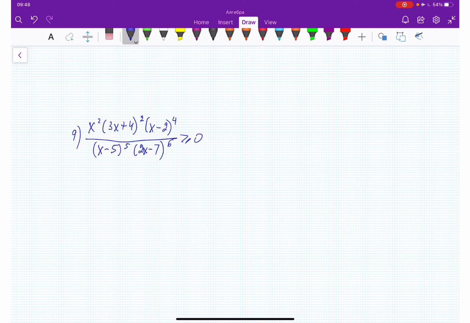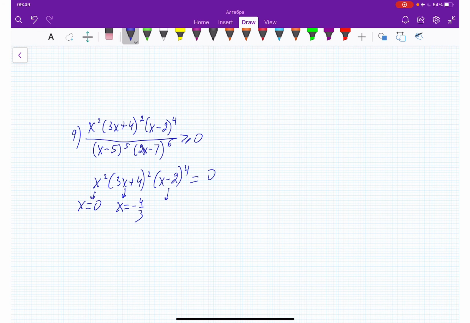So moving to this one. What do we have here? We have x squared times (3x plus 4) squared, (x minus 2) to power 4 equal 0, which means x is equal 0. For this one, x is equal negative 4 over 3, right?